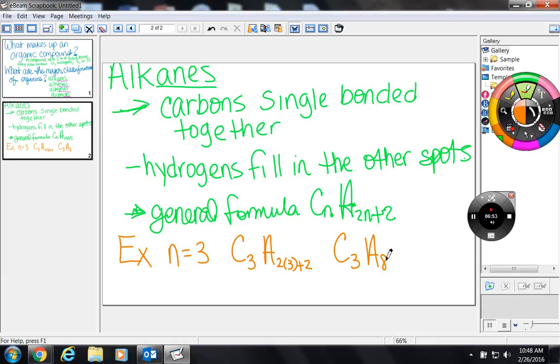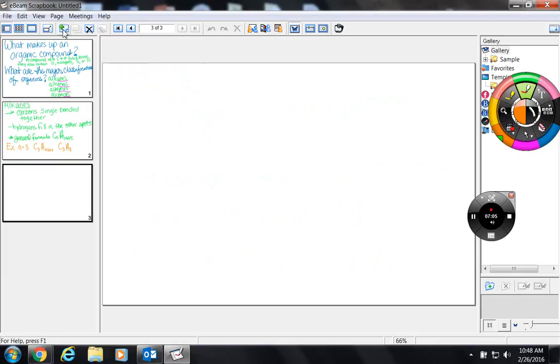So, here's what I would do with it. This is what's called a structural formula. So what we just did was a molecular formula, right? We just wrote it. When you just write the formula, that's a molecular formula.